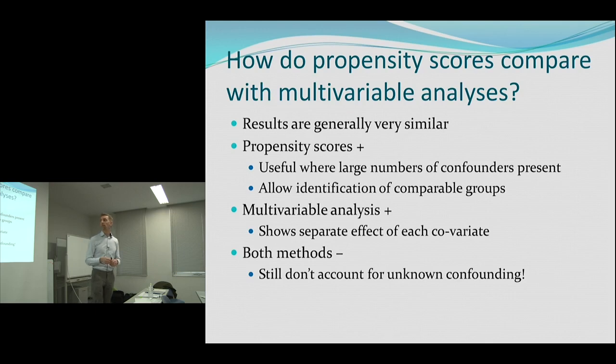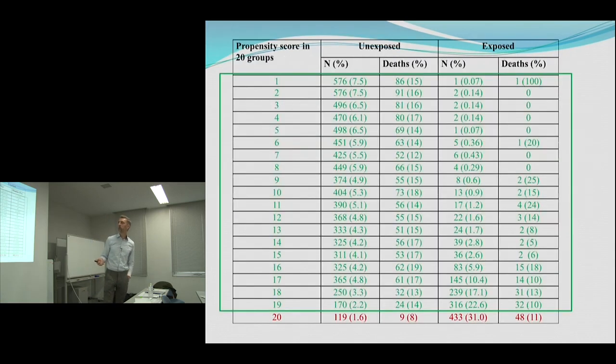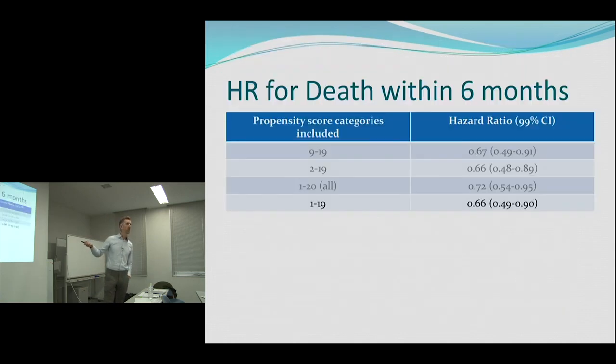Yeah, you can. In fact, in this example here, I haven't shown it on a slide, but we also did it as a multivariable regression. We got the same answer. The only reason you might get a different answer is if, so if I go back, you could see here that, in fact, it didn't really matter which categories we included in the analysis. The answer was quite similar.